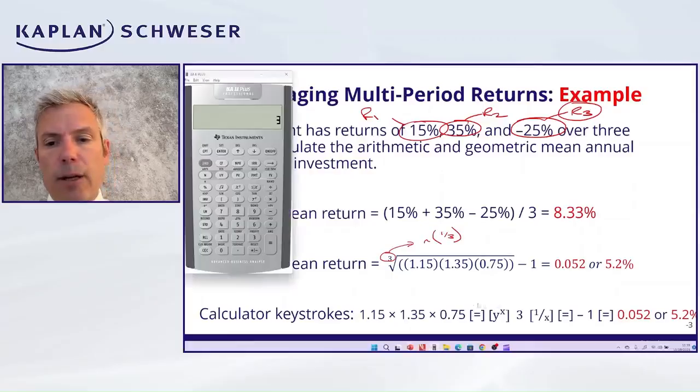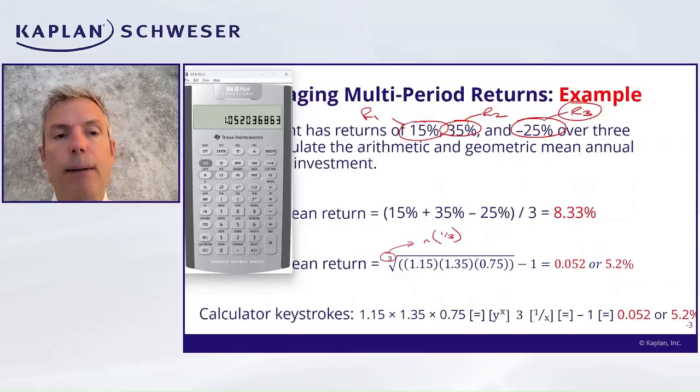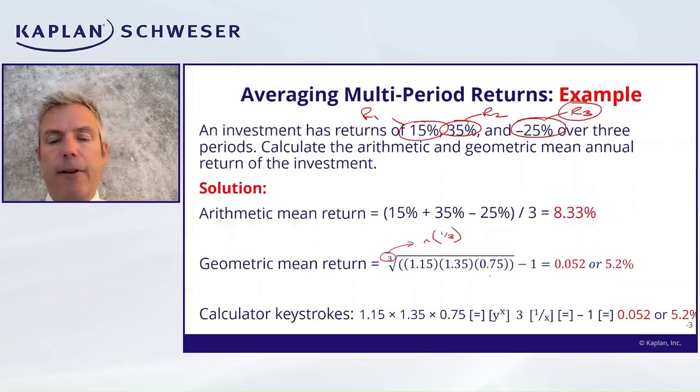So we're going to flip that over to get 1 over 3, there you go, and then see what that is. So when we hit equals here, we get 1 plus the geometric return, subtract the 1, and you will get the geometric return, 0.052, multiply it by 100, and you're looking at 5.2%.